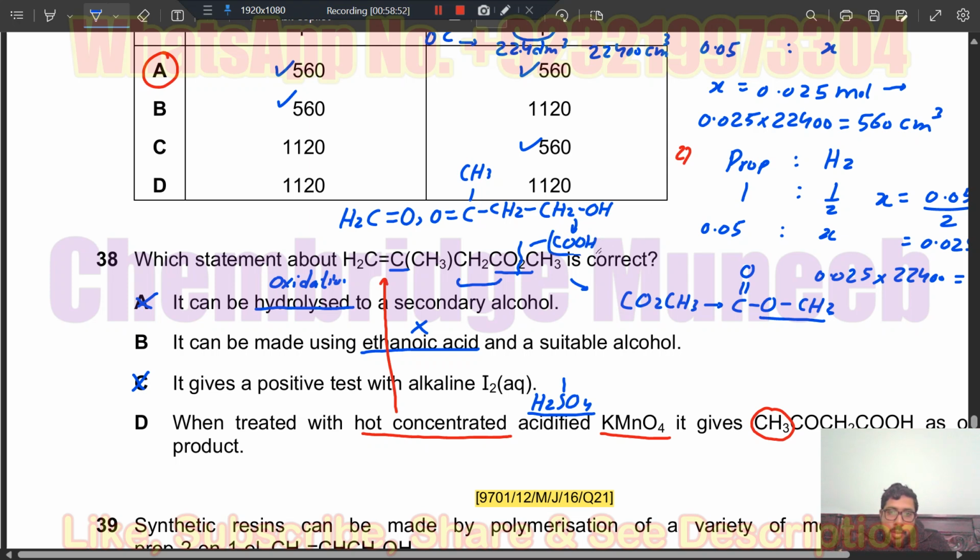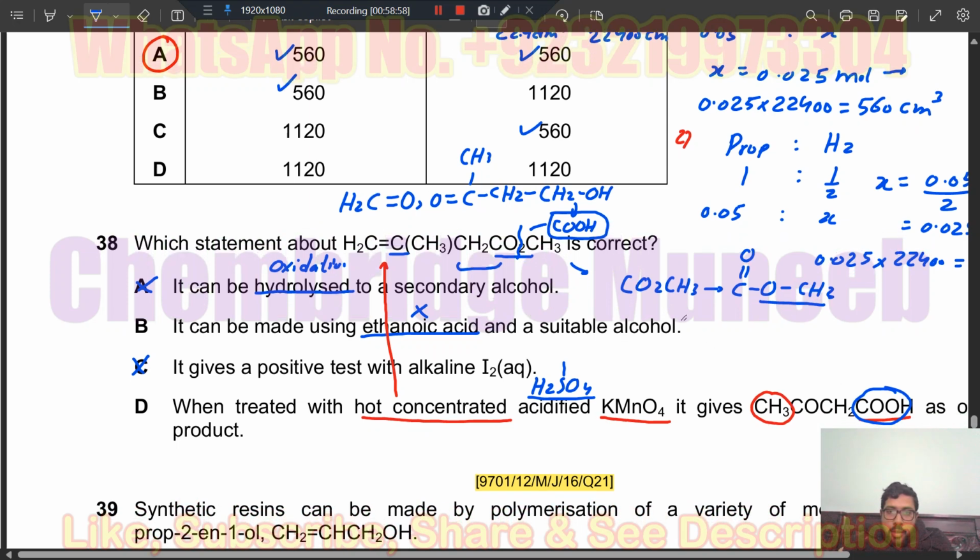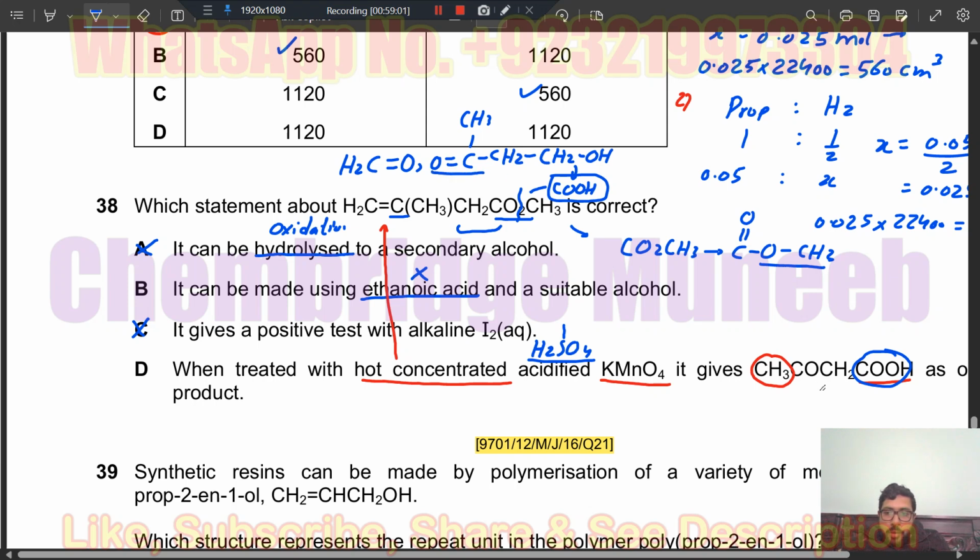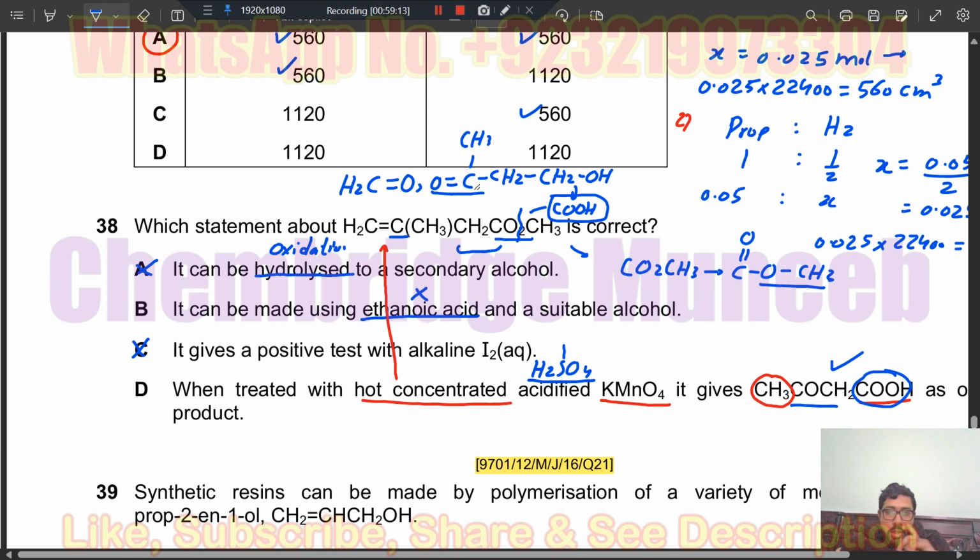So we have the carboxylic acid on the right side like this, and we have the ketone part on the left part of it. That's how this compound is formed as a result of the treatment with hot concentrated acidified KMnO4. So both the oxidation of the alkene and the breaking of the ester group happen in this single compound. So D is the right option here.